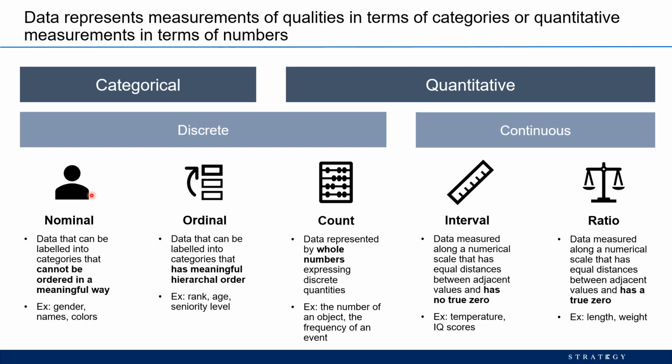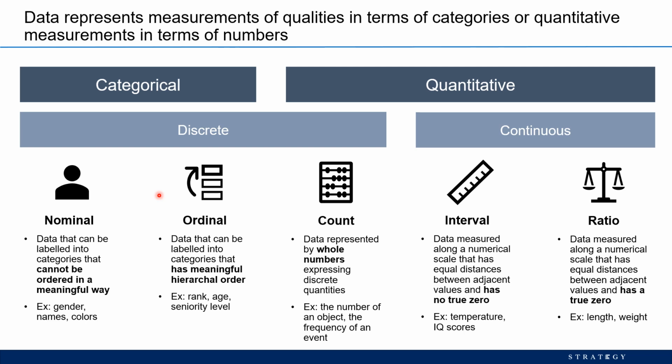Nominal data is the most common type of categorical variable you will most likely encounter. Then you have ordinal data. Now, ordinal data gets tricky, and a lot of people like to think that ordinal data is quantitative, but it's not quantitative because with ordinal data, you can't actually extract measurements from it.